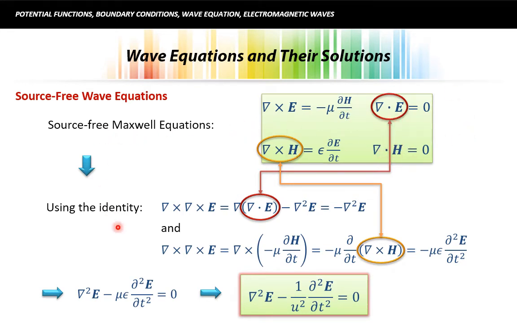If we use the following vector identity of curl of curl of E, and further substitute the corresponding properties of the Maxwell's equations into these, we obtain the following relation, which reads as del squared E minus mu epsilon del squared E over del t squared is equal to 0. That is, we end up with a wave equation.